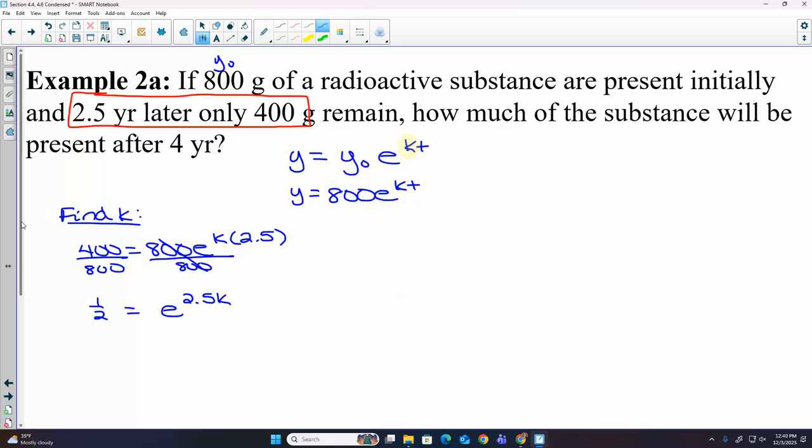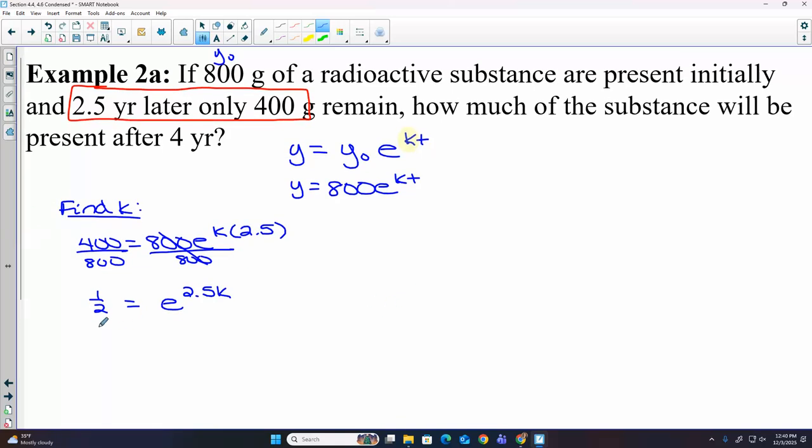How would I solve for k here? Back to our test. Yeah, we can do logs. Since there's an e, let's just add an ln on each side. The natural log of 1/2 equals a natural log and an e always cancel each other, so 2.5k.